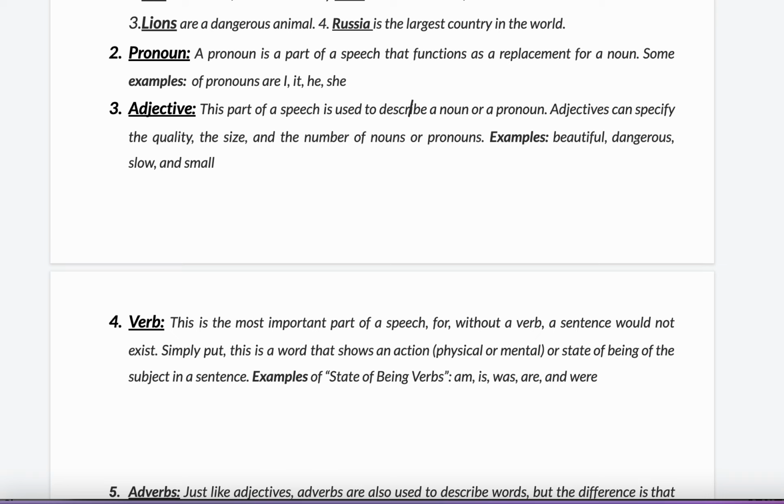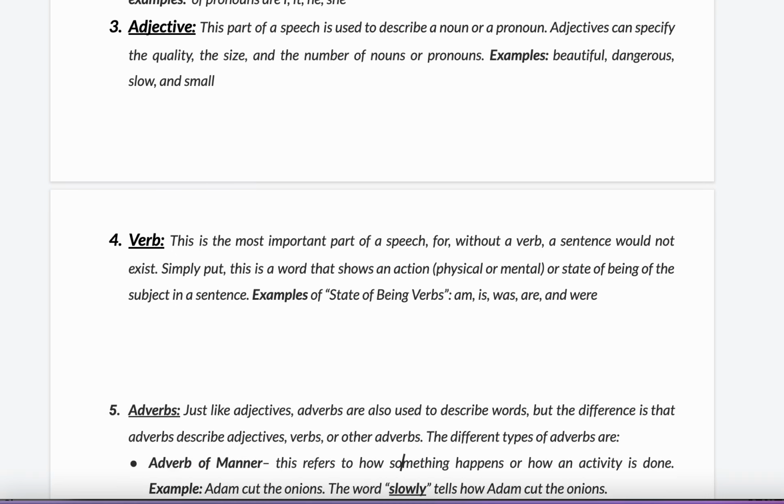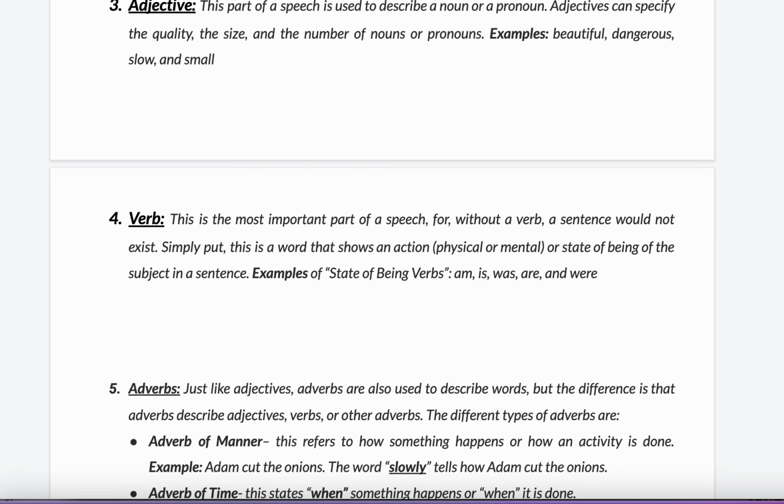Where we have adverb, what an adverb does is the same functionality, but the difference is that it describes adjectives, verbs, and other adverbs.